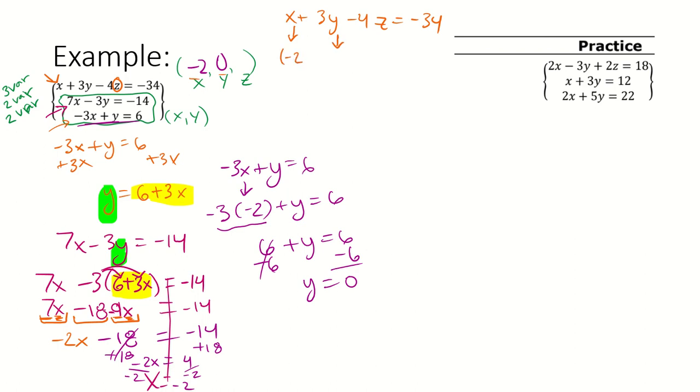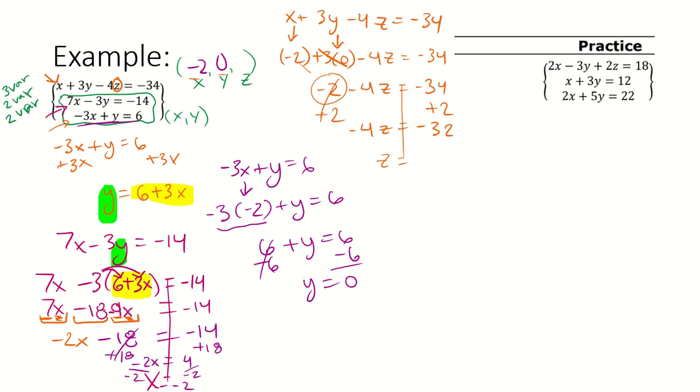For x it's negative 2, for y it's 0, and then minus 4z equals negative 34. 0 obviously cancels by multiplying times 3, so that's gone. And then now you have negative 2 minus 4z equals negative 34. To solve for z, you need to get rid of this negative 2, so positive 2 on both sides. And that's going to be negative 4z equals negative 32.